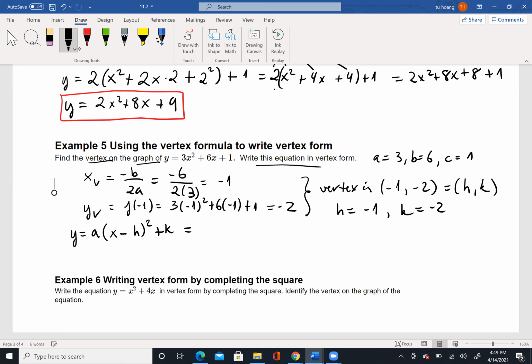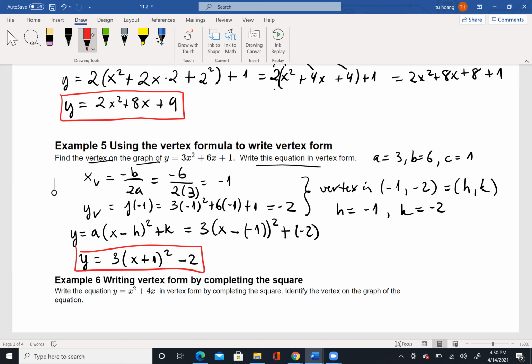Then I can substitute a equal to 3, x minus h was x plus 1 squared, and then plus k, which is negative 2, right? And if I simplify, then I have y equal to 3 times (x plus 1) squared minus 2 as the answer for the vertex form.